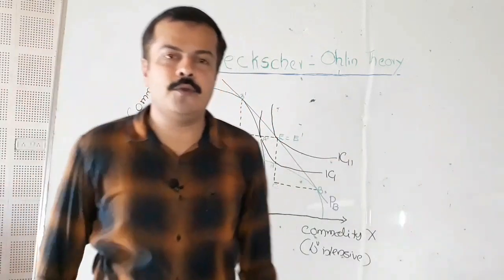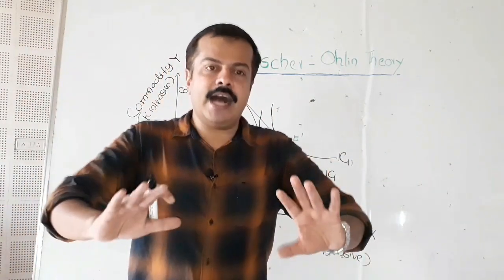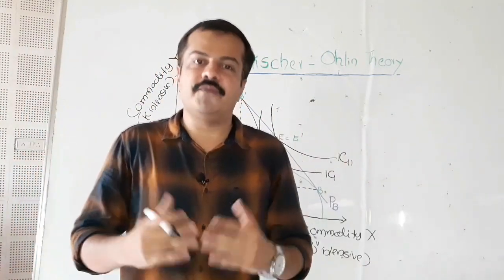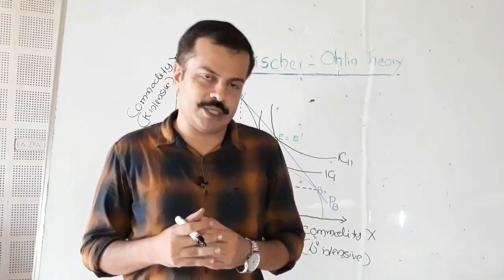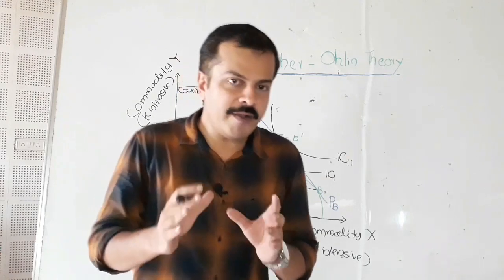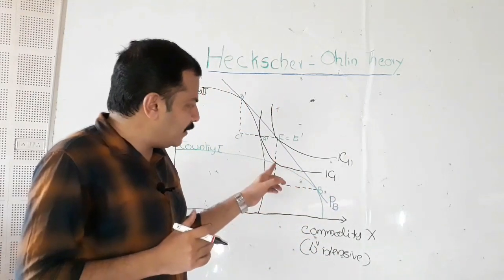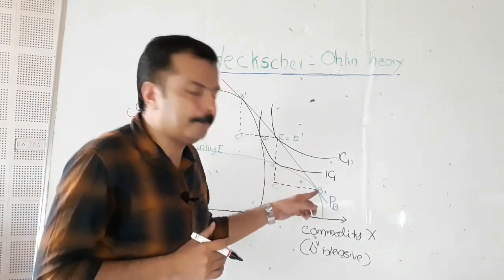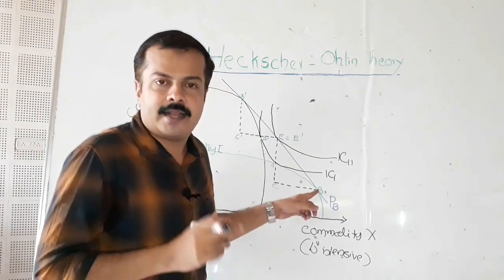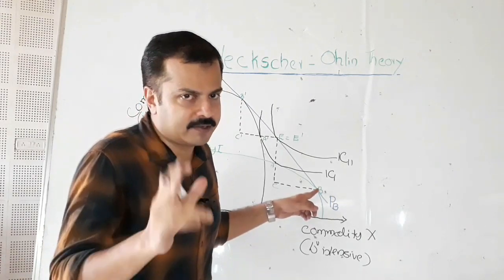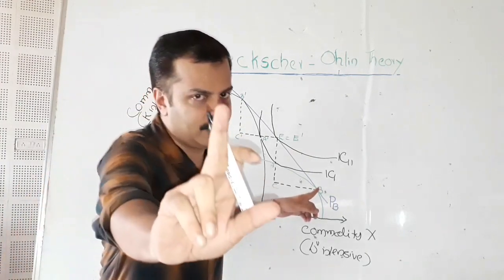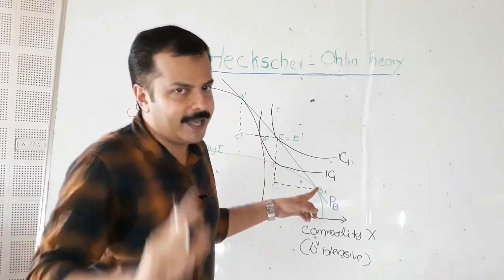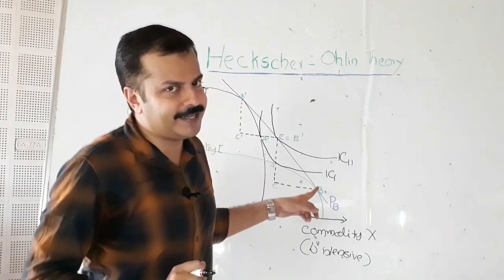Now let us analyze that. After free trade, we have specialization on the basis of the Heckscher-Ohlin prediction. When you have specialization, country 1 moves from A to point B. That is, country 1, a labor rich country, will now produce more of commodity X. Country 1 is a labor abundant country, and commodity X is a labor intensive commodity.